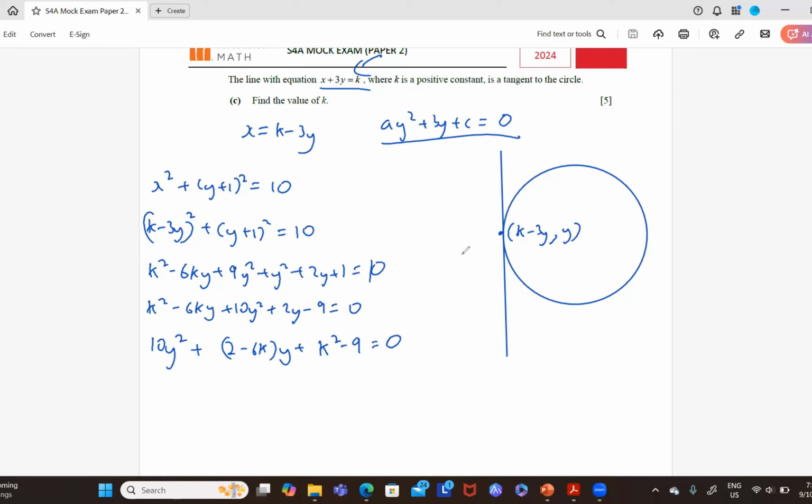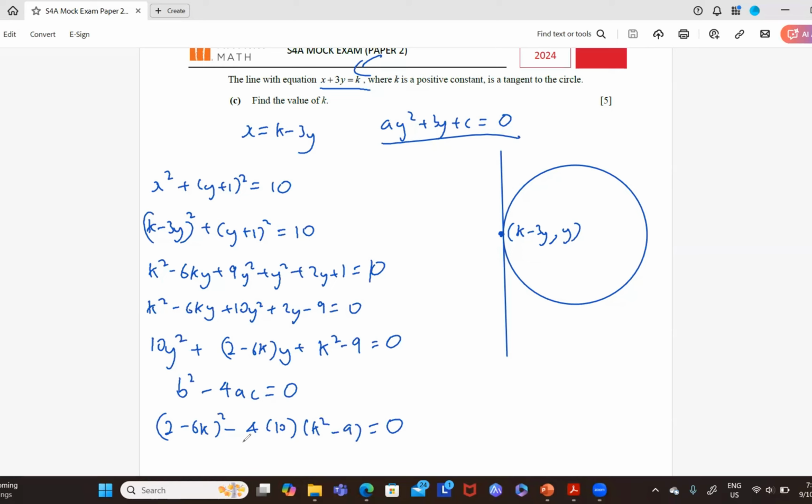Okay, so when you're doing the simultaneous here, you are expecting just one answer only, right? Which means your discriminant, therefore, has to be equals to 0. So it's (2 minus 6k) squared minus 4 times 10 times (k squared minus 9) equals to 0.